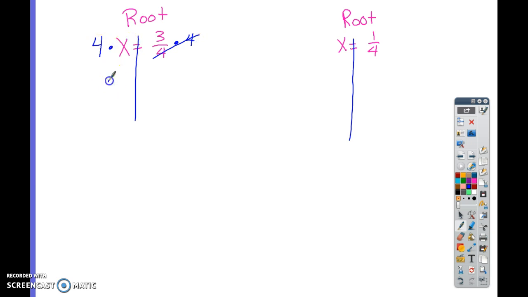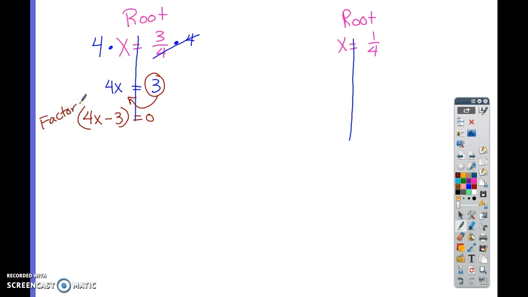So 4 times x is 4x equals, you have 3 left over, and now you can move the 3 over and change the sign. So we've done this already a while back. So change the sign, make it a minus 3, so your factor is 4x minus 3 equals 0. That's one of your factors.